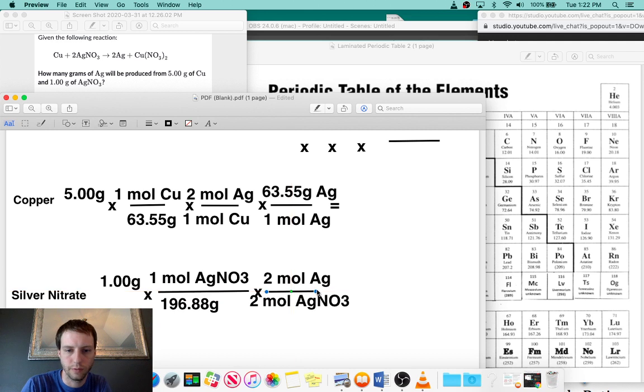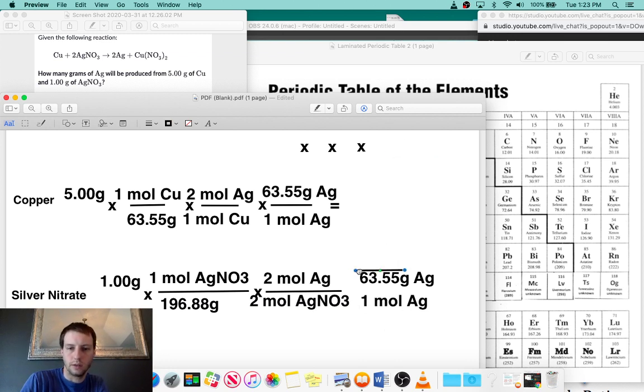There we go. And finally, molar mass of silver nitrate, of just silver. Whoops. Mass, moles.